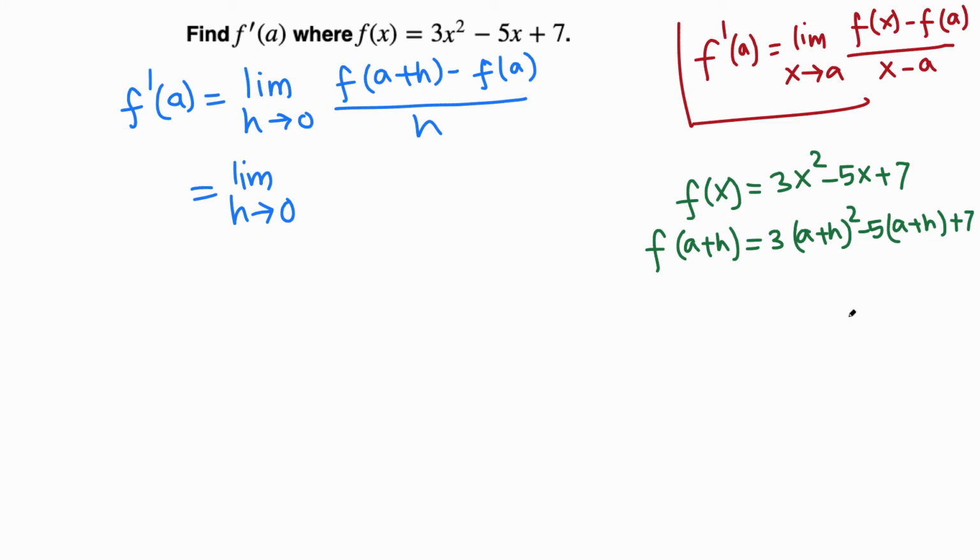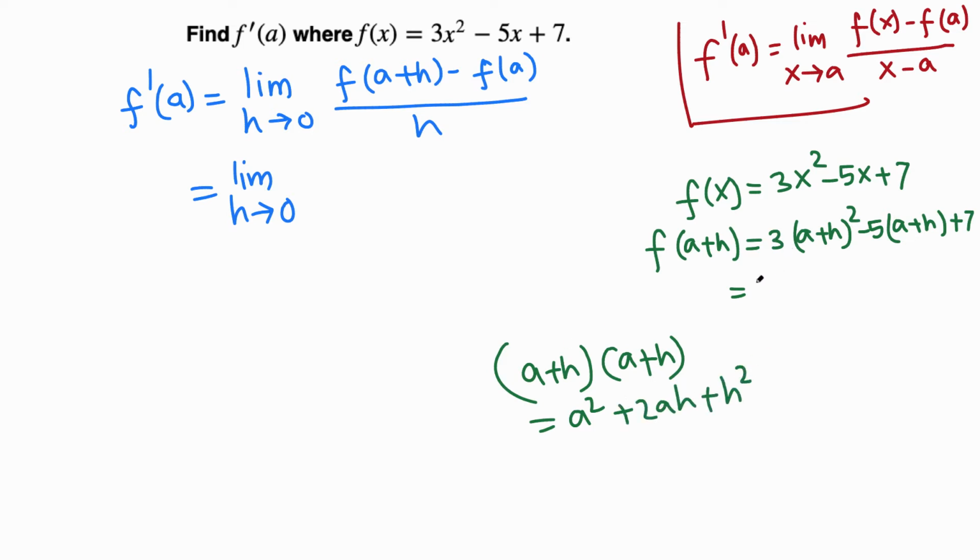Before we plug in, let's simplify this completely. A plus h squared means a plus h times a plus h. When we multiply, just FOIL, we get a squared plus 2ah plus h squared. So this is 3 times this: a squared plus 2ah plus h squared, minus, now distribute 5, that's 5a minus 5h, plus 7.